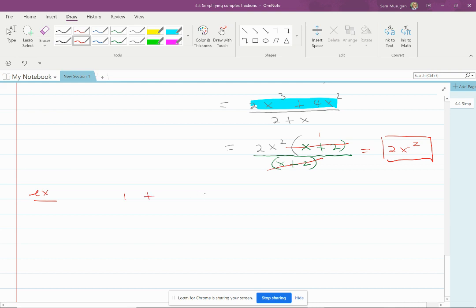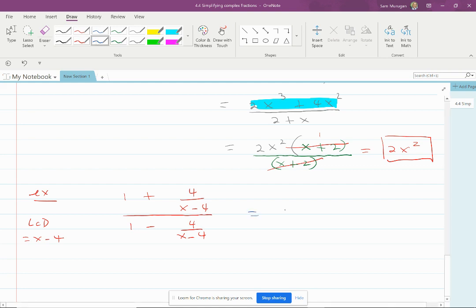Example: 1 plus 4 over x minus 4, over 1 minus 4 over x minus 4. So our LCD is equal to x minus 4. That means everything gets multiplied by x minus 4.